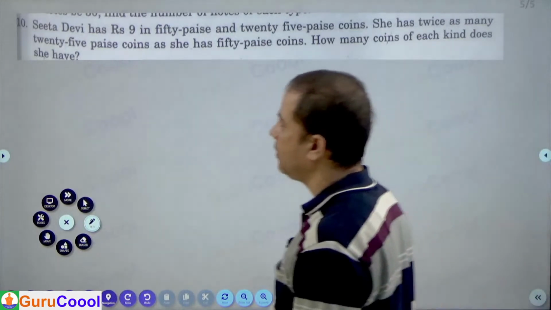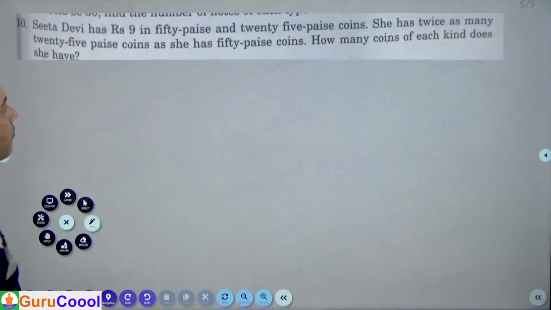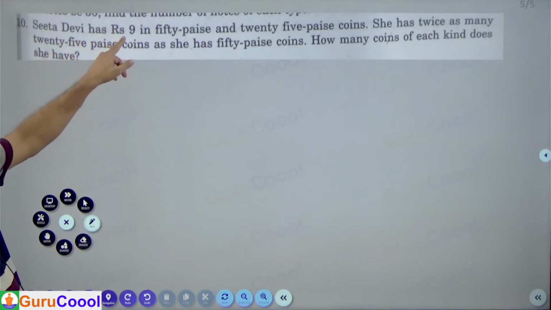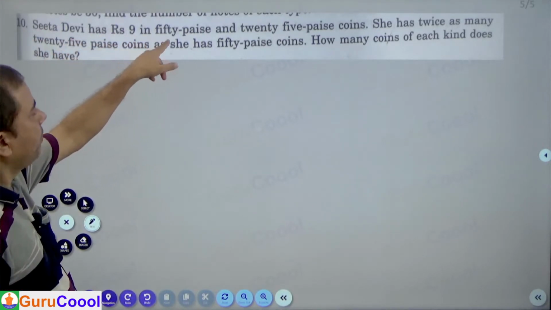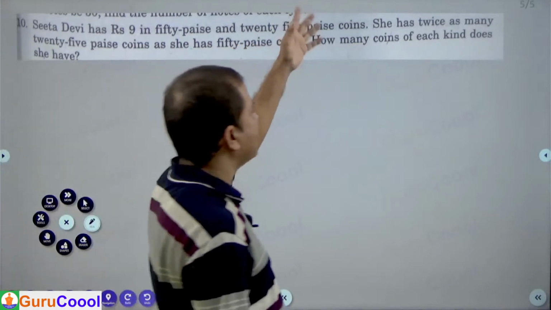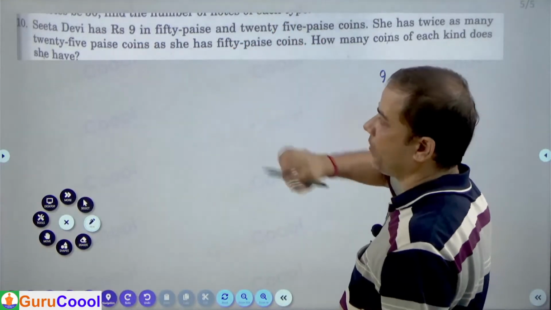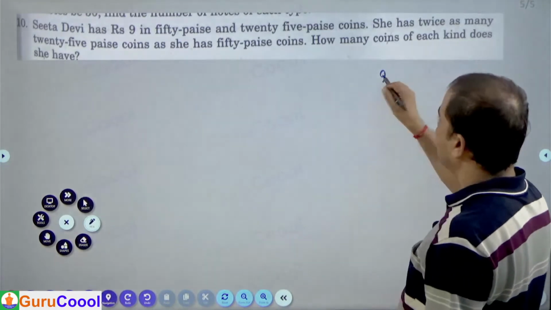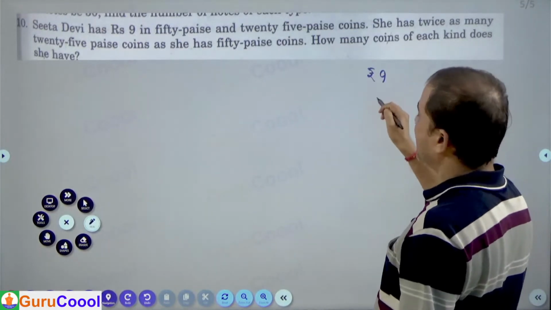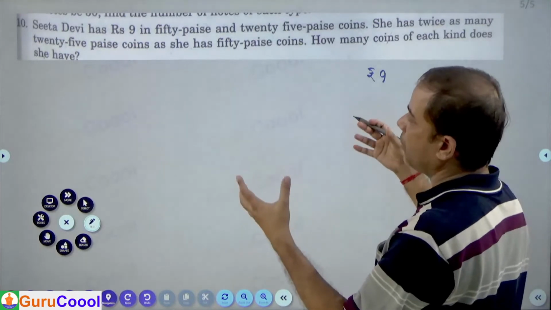Is this visible? Yes. Sita Devi has rupees 9 in 50 paise and 25 paise coins, means total is 9 rupees. This is similar to the previous question. 9 rupees total.